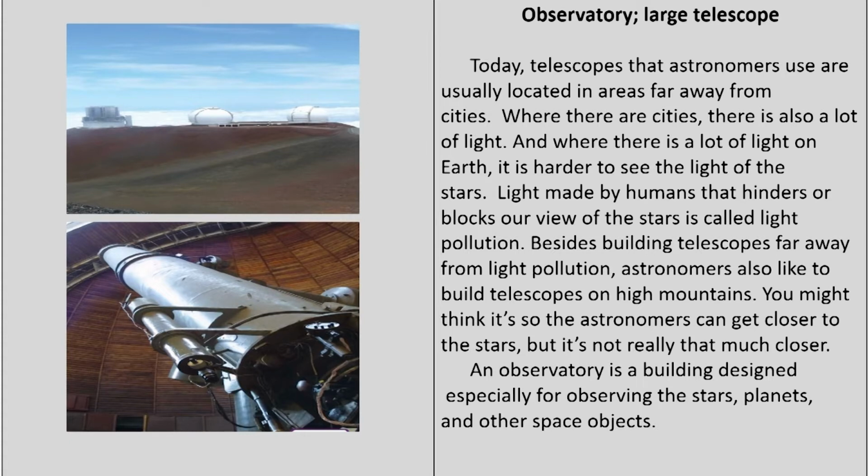Besides building telescopes far away from light pollution, astronomers also like to build telescopes on high mountains. You might think it's so the astronomers can get closer to the stars, but it's not really that much closer. An observatory is a building designed especially for observing the stars, planets, and other space objects.